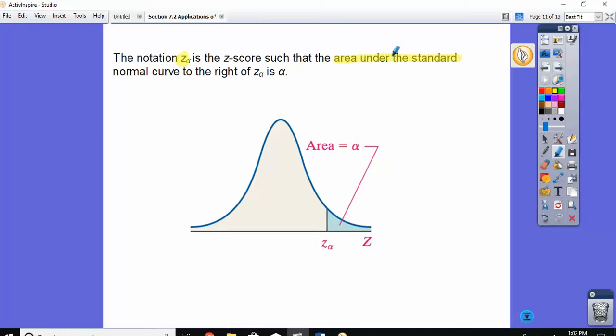That's talking about the area to the right. So the table gives you area to the left. But if I ask you for Z sub 0.2, I'm asking you for the area to the right of that number. So you want to jot this down. You can draw yourself a little picture too. This shows you the notation. And then we're going to try an example.